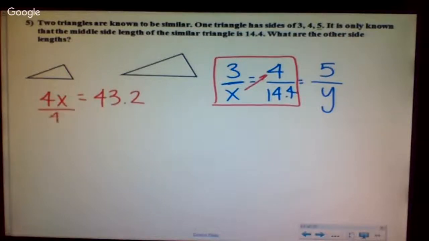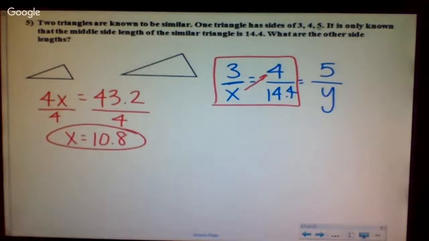Okay, divide by 4. 10.8. So that's the small side, because that's underneath the 3.